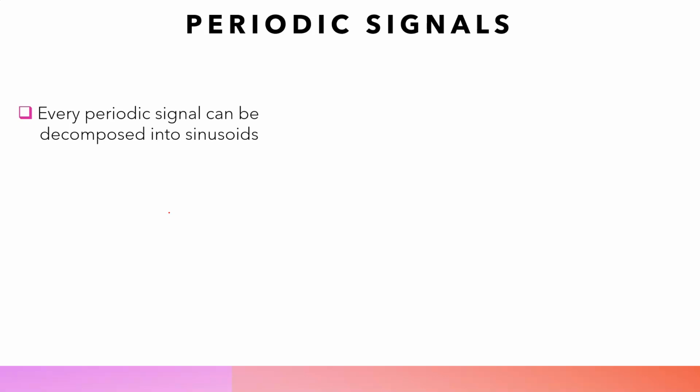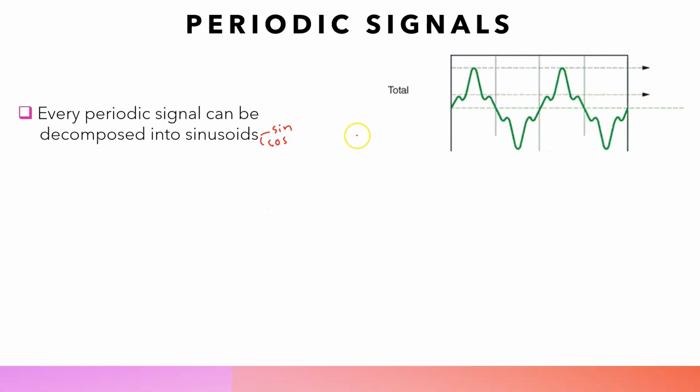Let's look back at periodic signals, which we have covered in one of our earlier lectures. A periodic signal can be decomposed into sinusoids, which are sine and cosine functions. For example, let's say you have a periodic signal like this.